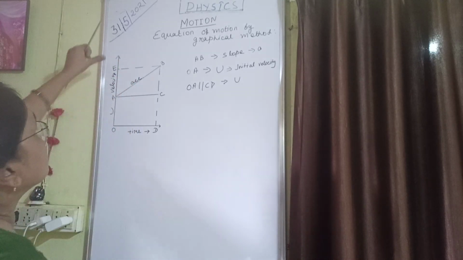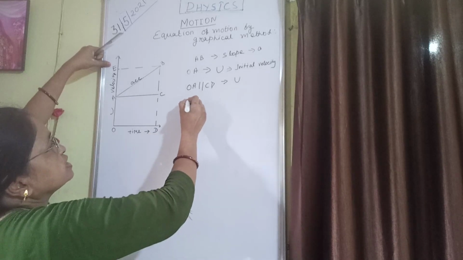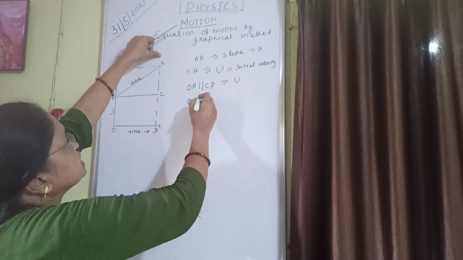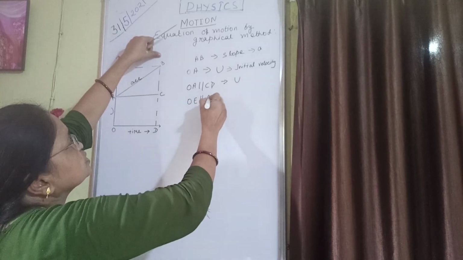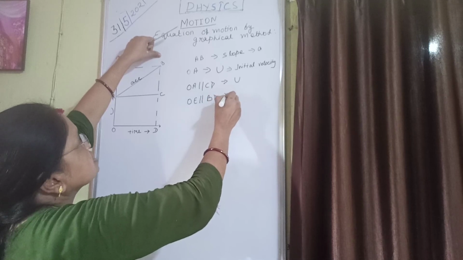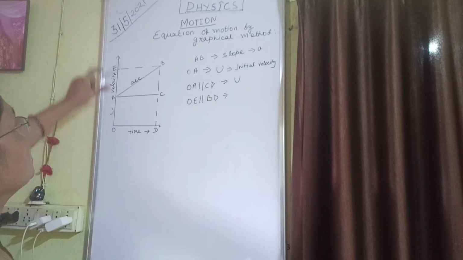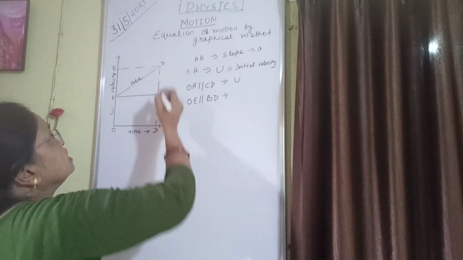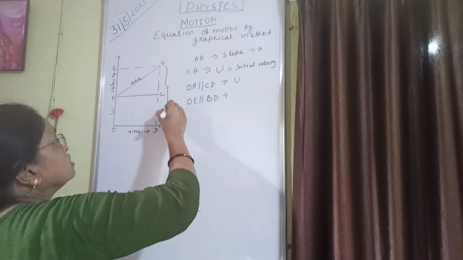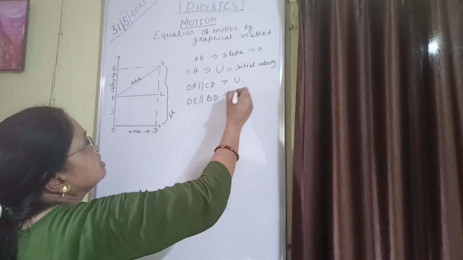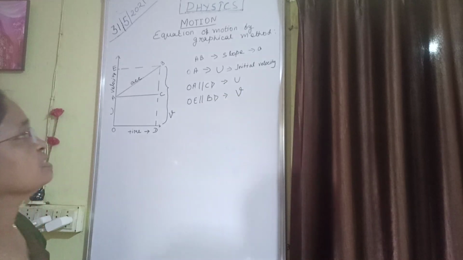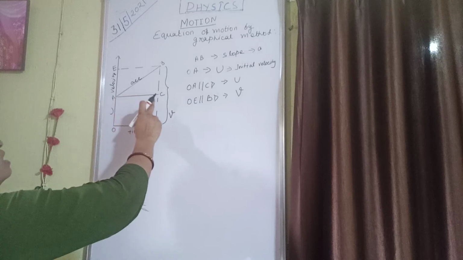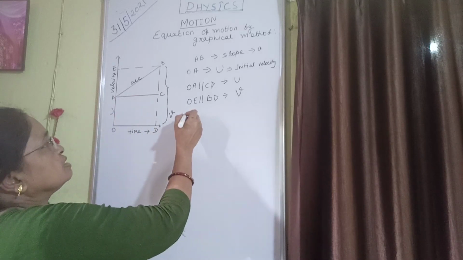OE, now try to understand. OE is parallel to BD, and students, we know OE is the velocity, that is the final velocity. So BD in total is the final velocity V, so we have got V. Now AC is parallel to OD.